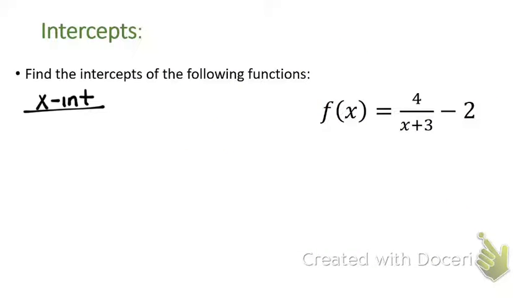Okay, so what we're going to do is replace this f of x with a 0. So we have 0 equals 4 over x plus 3 minus 2. And we have to solve that equation for x.